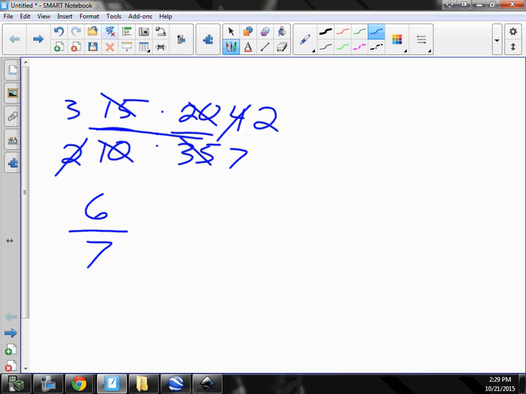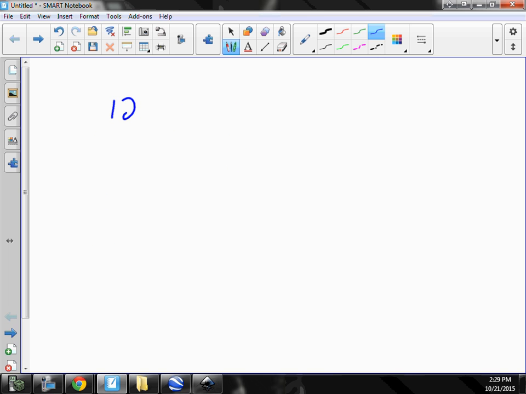Okay? Well, what if it was 12 fifths divided by, let's say, 15 sixths? How do you divide two fractions? You flip and times the second one, not the first one. It's got to be the second one.